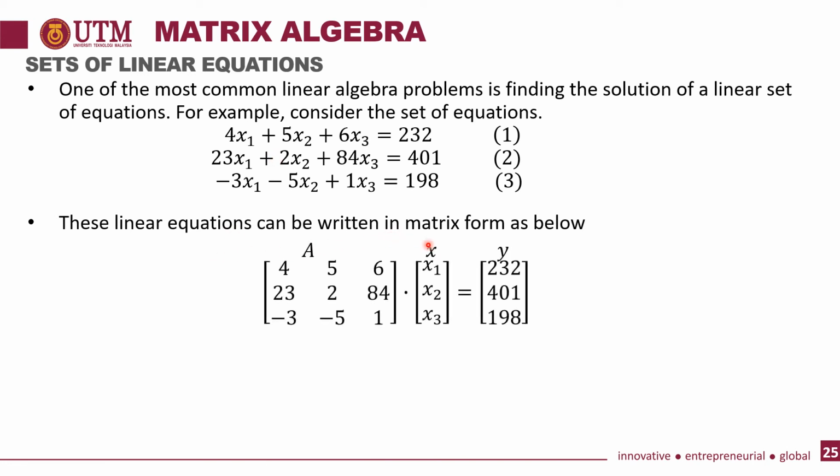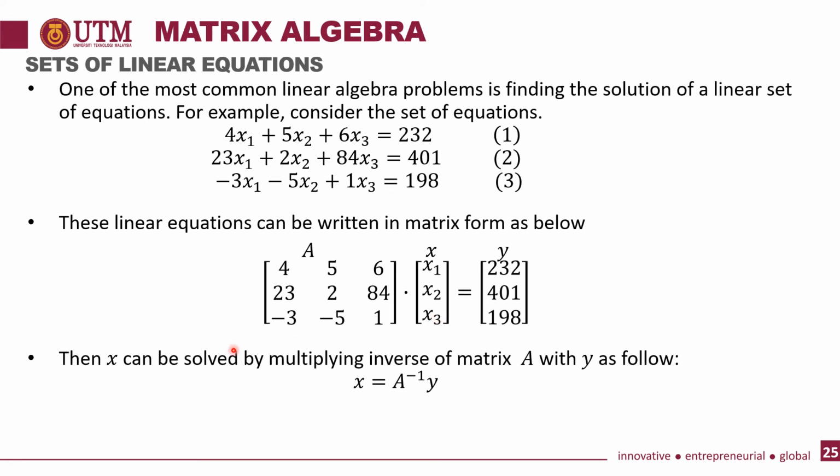Previously you already learned about the dot product. The dot product is actually the summation of the multiplication. So it means that x1 plus 5x2 plus 6x3 equals 232, similar for the second row and the third row. You already learned this in your engineering mathematics. Then x can be solved by multiplying the inverse of matrix A with y as follows.